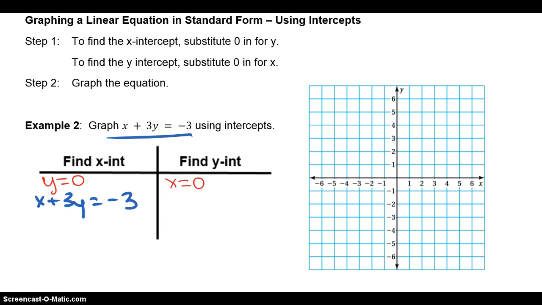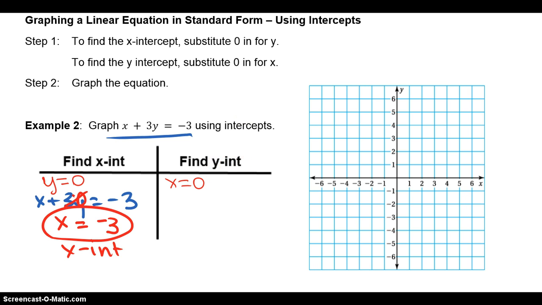Copy it down, and then let's plug in 0 where we see a y. So if I put a 0 where I see that y, what is 3 times 0? That would be 0. So I end up with x equals -3. Keeps it really easy. That is my x-intercept.